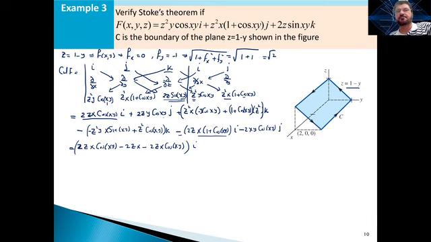Go to j, plus 2zy cosine xy. Where's the other j? The other j is here. Minus 2xy cosine xy. And this is j. Then the last one is k.